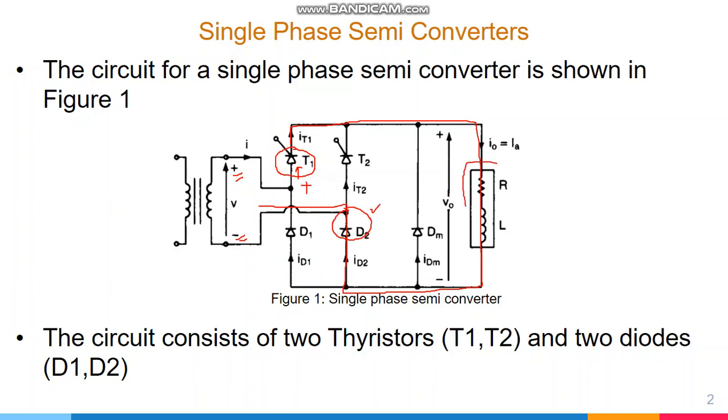So my load will be connected to the source via T1 and D2, but you see that this thyristor T1 will not operate until I fire its gate G. So once I fire this gate, the path will be completed. This thyristor T1 will start to conduct, and current will finally start to flow from this load.